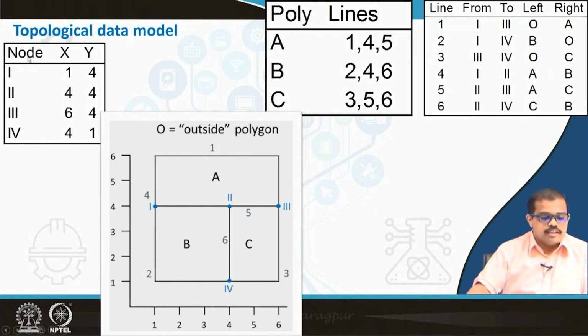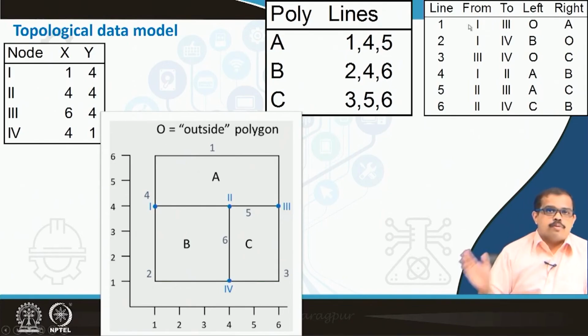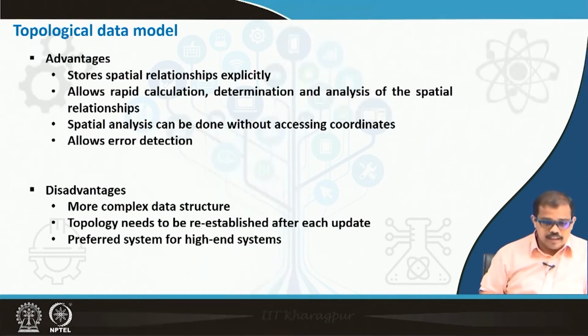So, when you look at this, it is a point, this is a line, and this is a polygon. Point, line and polygon. A topological model always has topological data built in, that is the biggest advantage. It stores spatial relationships explicitly, which is not done in a spaghetti model.